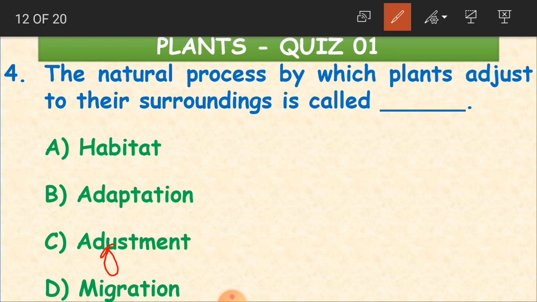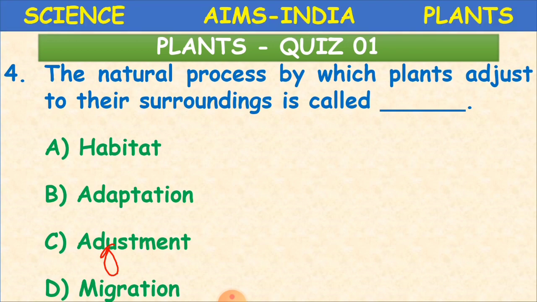Yes, the natural process by which the plants make themselves convenient to grow in that particular climatic condition or place is option B, adaptation. Clear, children?